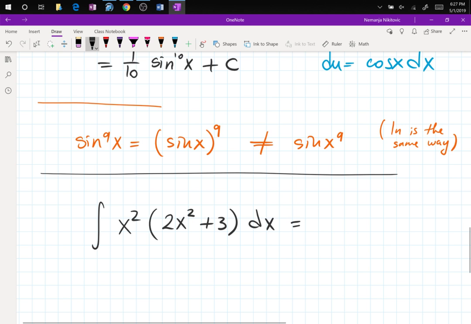If you call your function x squared, what is the derivative? 2x. I don't have 2x, I have 2x squared. So that's no bueno. If I call this my function, what's the derivative of 2x squared plus 3? 4x. I have x squared. Right? So either one I pick, it's not good.